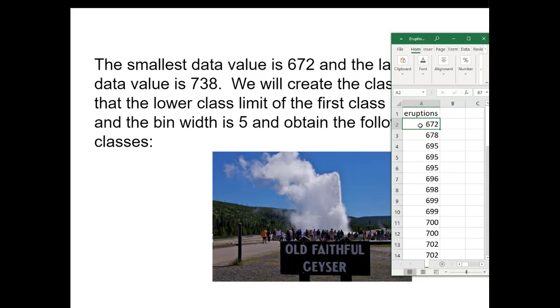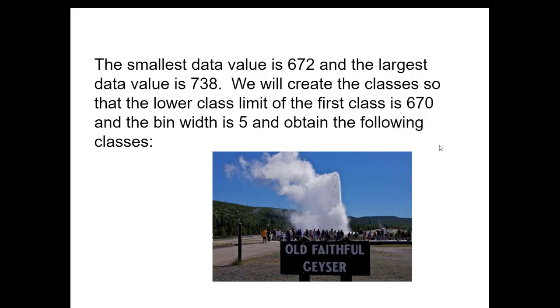So I'm going to start my bin at number 670. By the way, for our class, I will always tell you where to start the bin. So for the first time we do this, let's start with a bin of 670 and a bin width of 5, and look to see how that falls out in the following classes.